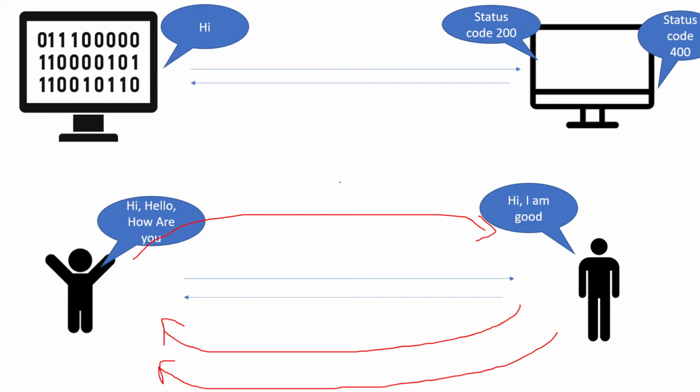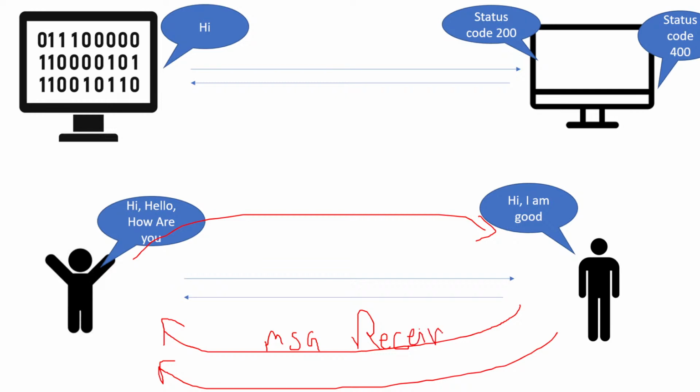So this is how a transaction happens over the internet between two machines. One machine sends a message, the second machine receives the message and sends a signal that the message was received.